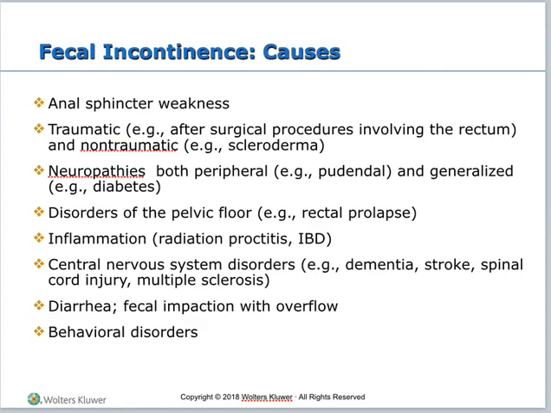You can also have fecal incontinence, which has a variety of different potential causes, which you can read about on this. The signs and symptoms of fecal incontinence is minor soiling, occasional urgency, loss of control, complete incontinence. How do we diagnose this?